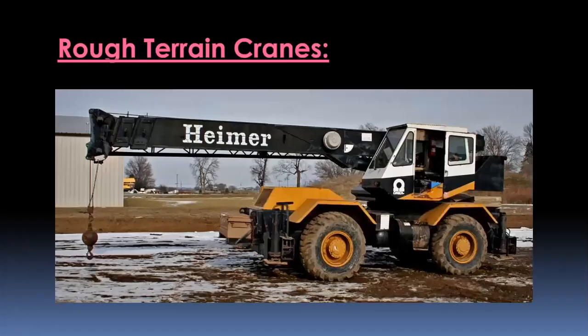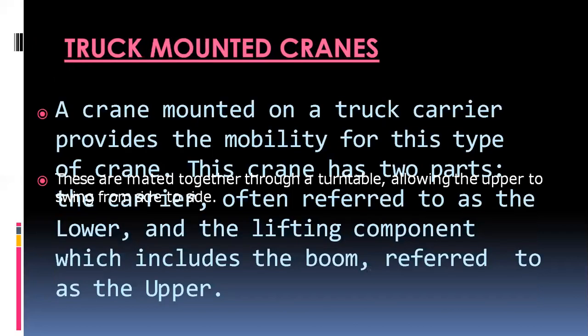These are the rough terrain cranes, which have four wheels, and four-wheel drive can be arranged for this type of crane, and these can travel on rough terrain also and can carry heavy loads up to 18 to 15 tons.